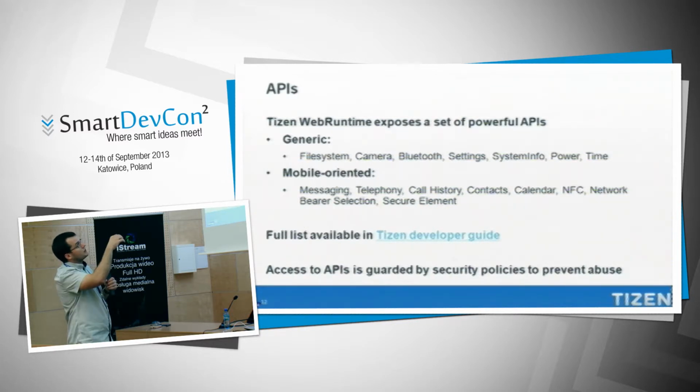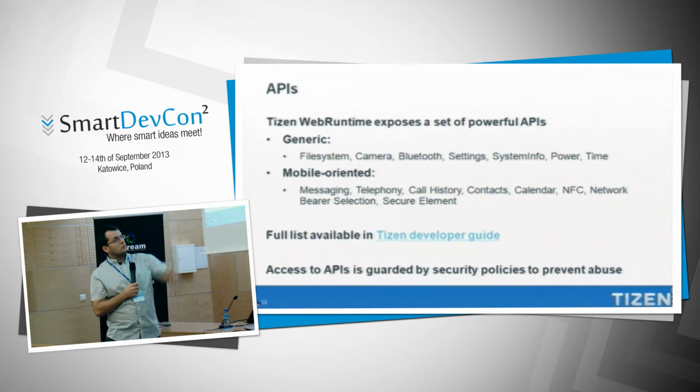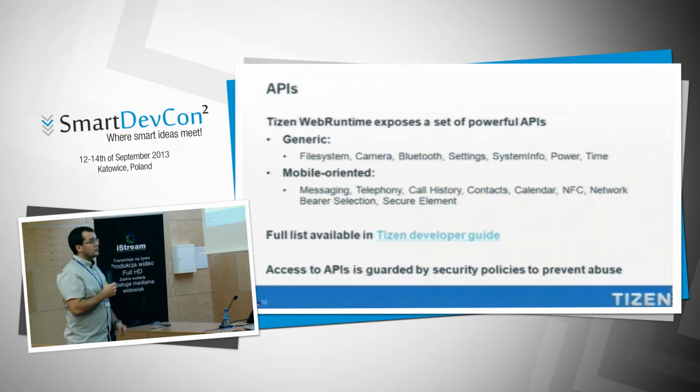There are generic APIs like file system, camera, Bluetooth, settings, system information, and there are more mobile-oriented APIs like messaging, telephony, contacts, calendar, secure element. The full list of APIs is available under this link. I heard that this presentation will be distributed later, so you can just Google Tizen developer guide and you'll find it.